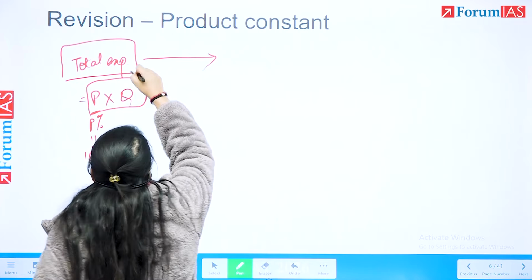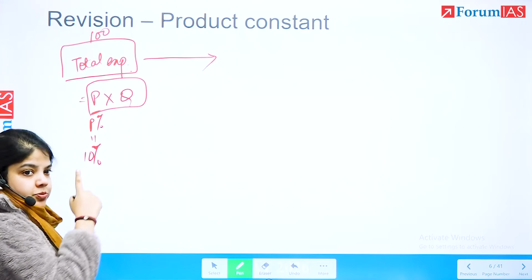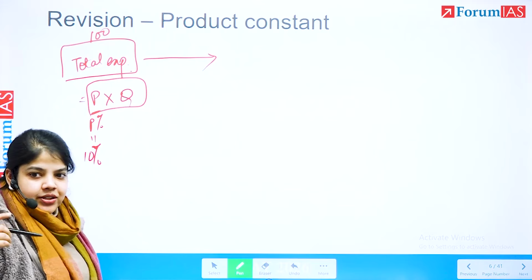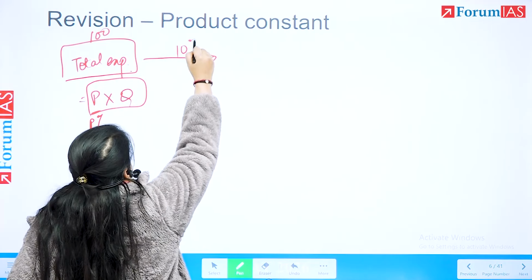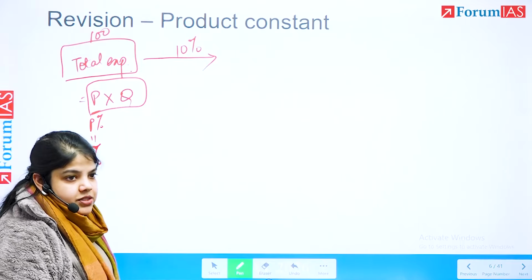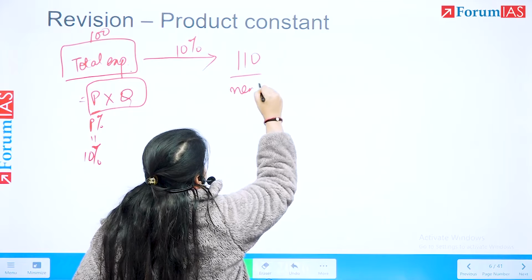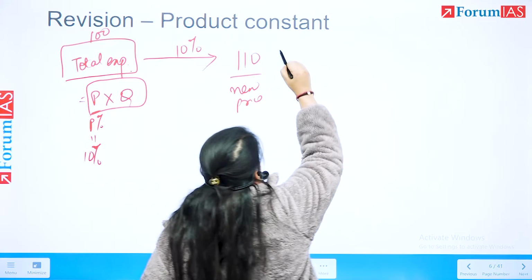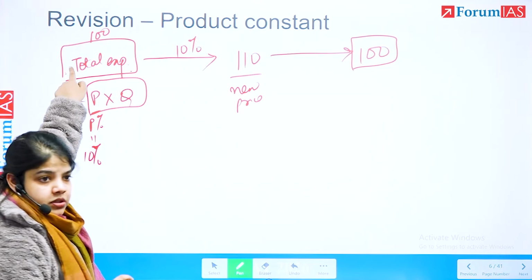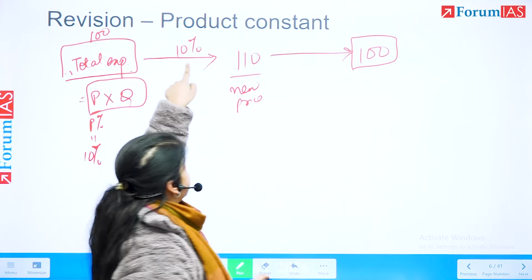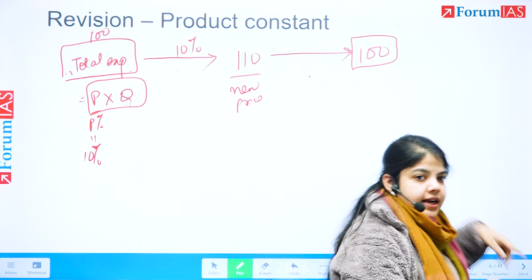So when my total expenditure is, let's say 100, I will assume it to be 100, and in the end make sure it comes back to 100. So my price is increasing by 10%. 100 पे जब 10% increase हुआ, what is the new price? 110. This is new price. But my final expenditure has to come back to the original expenditure. So this means if this was for price increase, this will be for quantity reduction या consumption reduction.